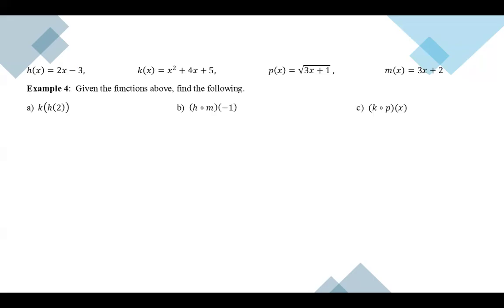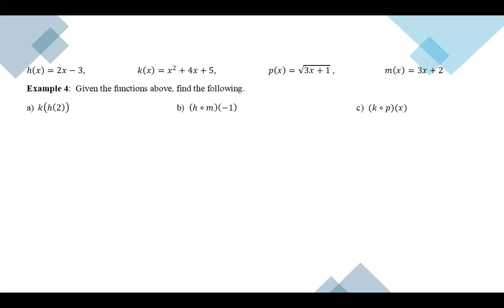So A, you have K composed of H of 2. On B, you have H composed of M at -1. And C, you have K composed of P of X. You're going to do your best and simplify all the way down. Got it? And go. Check with your peers as you're working.